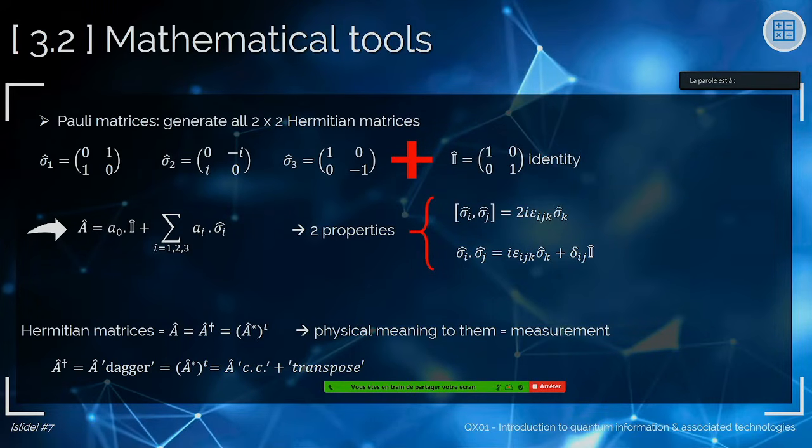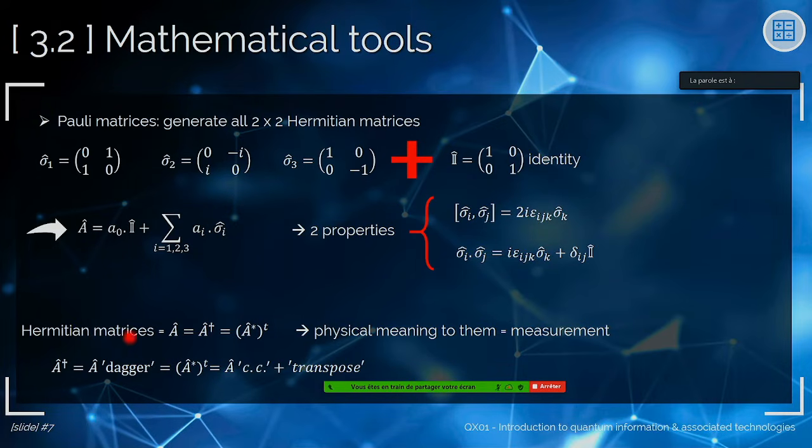Plus, if we add the identity matrix, these four matrices actually form a basis for any 2D matrices in a particular space. And these matrices, as I said, in order to represent a physical quantity, a physical meaning, because at the end of the day this quantum computer is based on physical components, they have to have this particular property of being Hermitian.